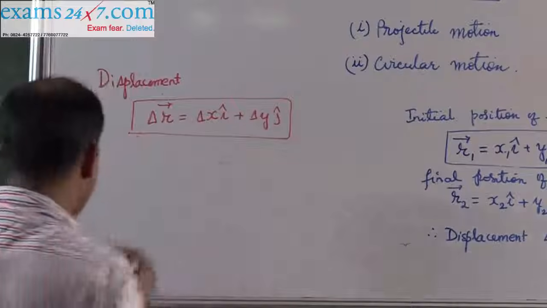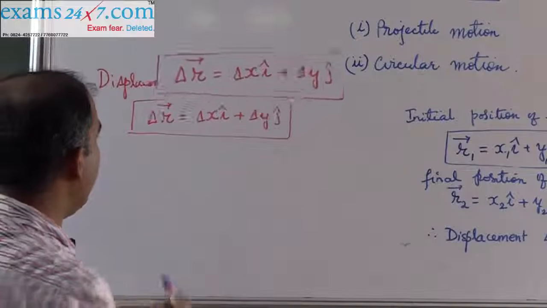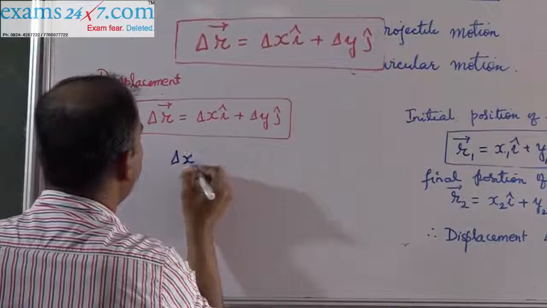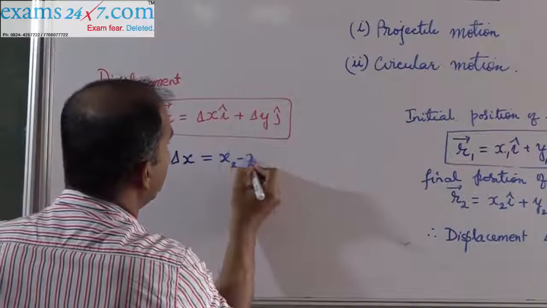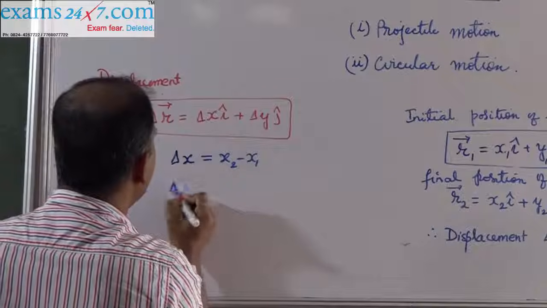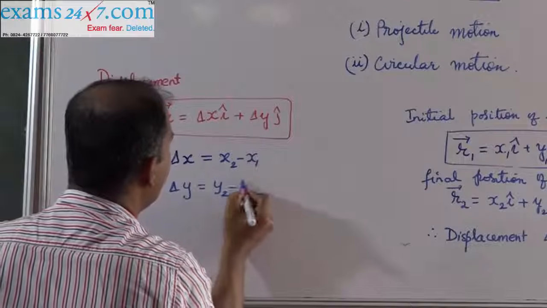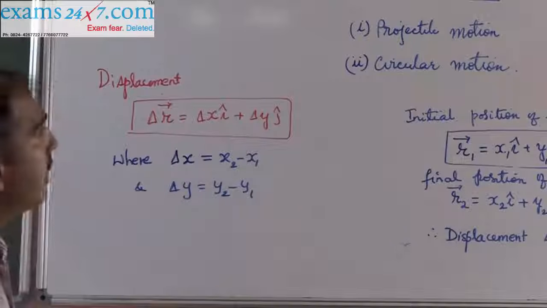As and when you have a problem in understanding what delta x and delta y are, you may always write where delta x equals x2 minus x1 and delta y equals y2 minus y1.